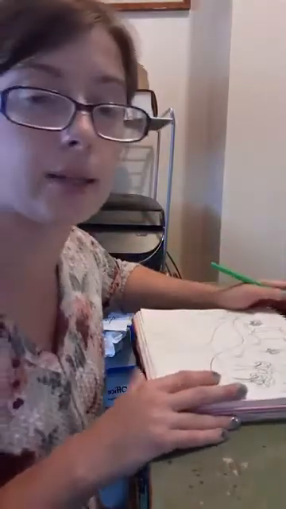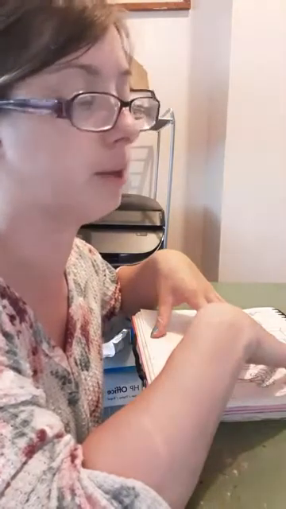Now I'm going to add some other objects. I do plan on putting people in my image, but since they show more movement and require a little more detail, I'm going to save them for last. So I'm going to make this image a little more interesting and give them some things to interact with.